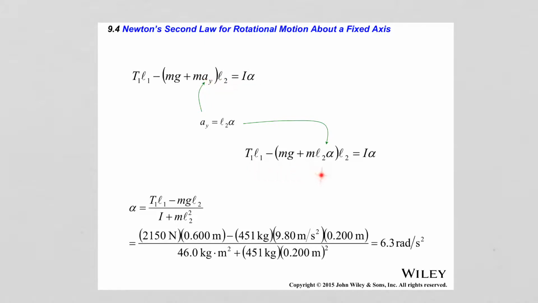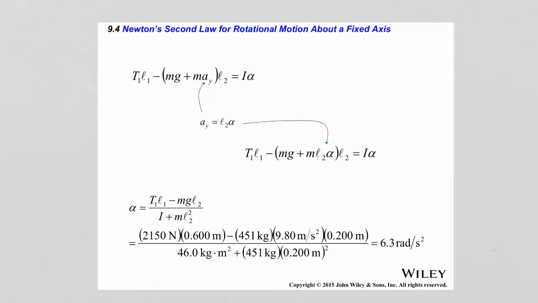So this is the final expression in terms of the known tension T1, the known lever arms, the known mass, and the known moment of inertia.